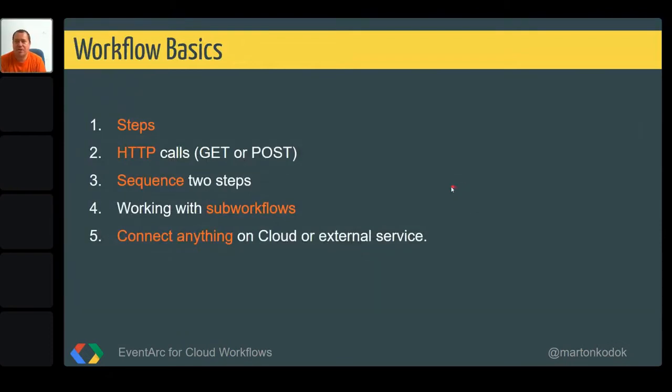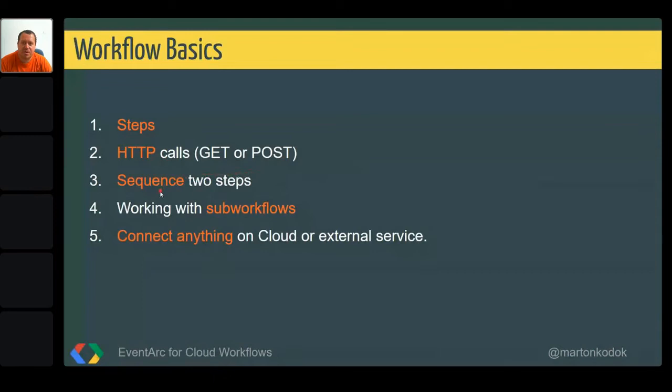Basics, just going around for the basics of it. For those who never worked with cloud workflows, the Eventarc system will be the second part of the talk. So essentially, we need to identify that when we are developing a cloud workflow, we define steps. In those steps, basically, there are HTTP calls, either GET or POST, or via the connectors.